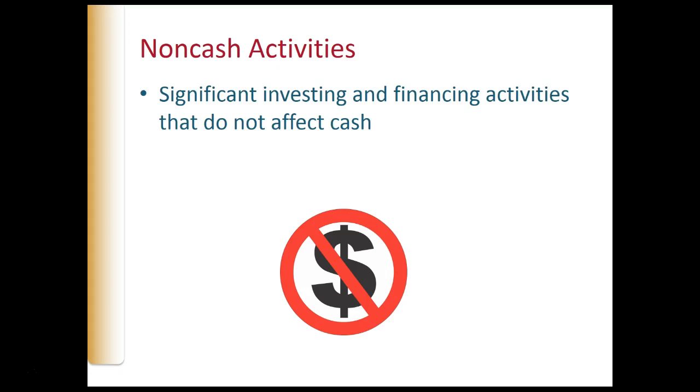So for that reason, transactions that do not increase or decrease cash but that result in significant investing and financing activities are reported as non-cash activities, either directly after the cash flow statement or also in a note to the financial statements.